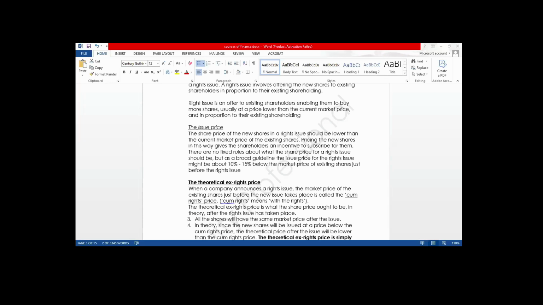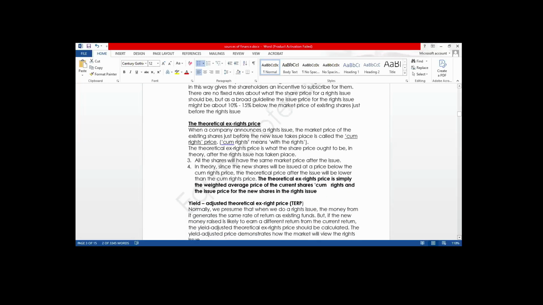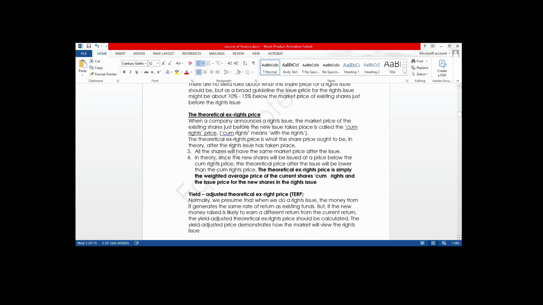When a company announces a rights issue, the market price of the existing shares is called the cum rights price.